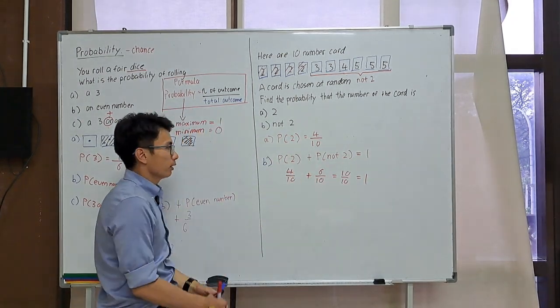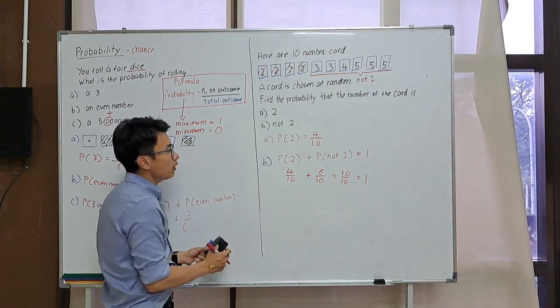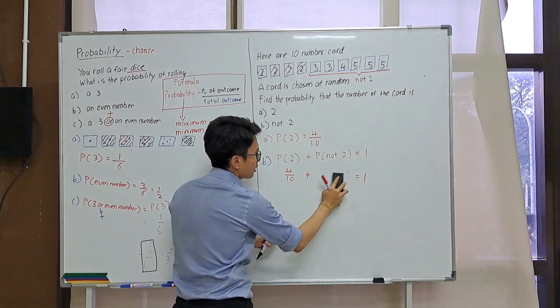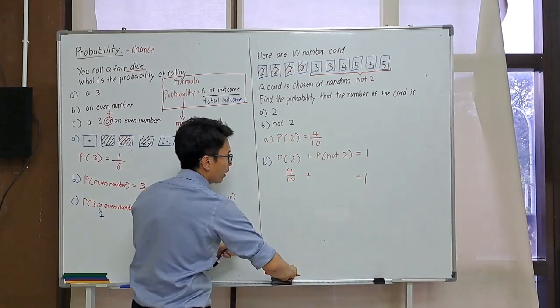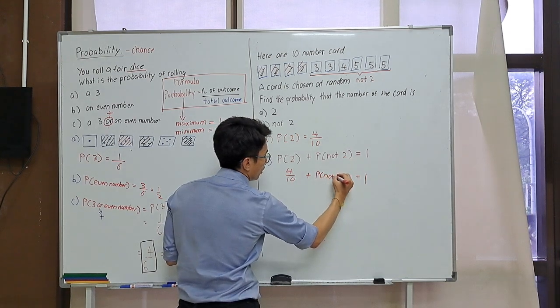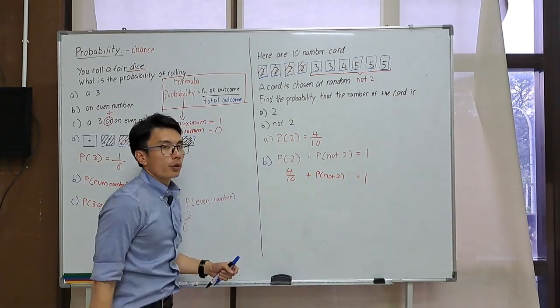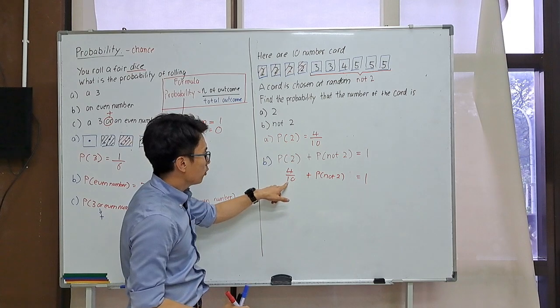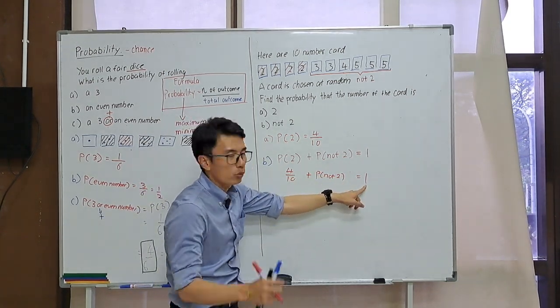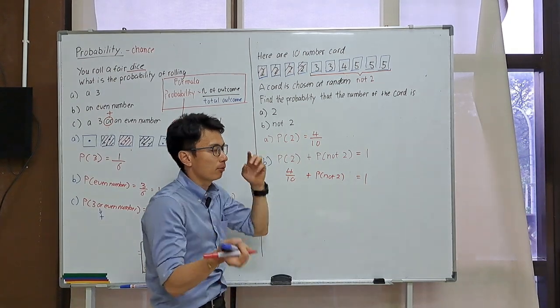But again, let's just say you do not know this. So I will change this into the probability of not 2 over here. I know this probability, I do not know this probability, and I know this and this added together will equal 1, which is my maximum probability.